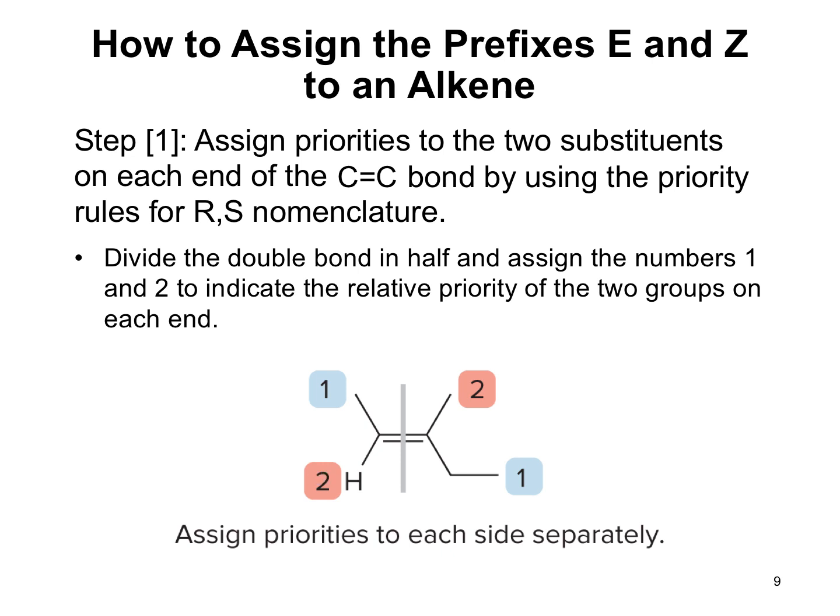You are not going to compare these and these, right? You're comparing these 2 on this side of the double bond and these 2 on this side of the double bond. So divide the double bond in half and assign the numbers 1 and 2 to indicate the relative priority of the groups on either end, right?